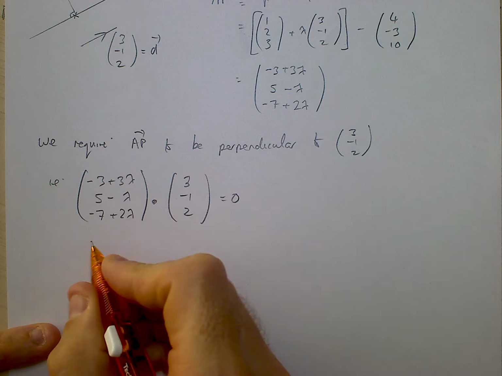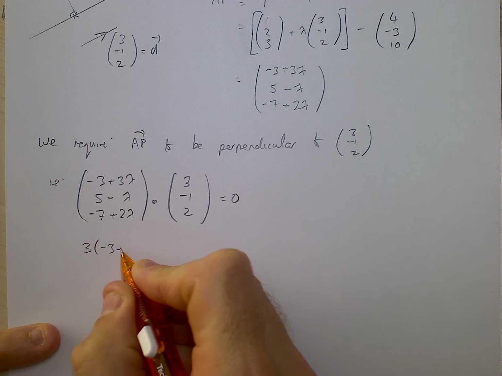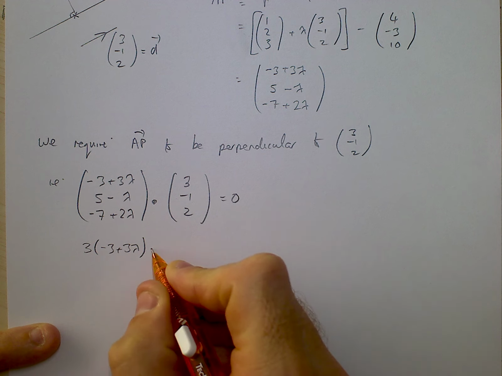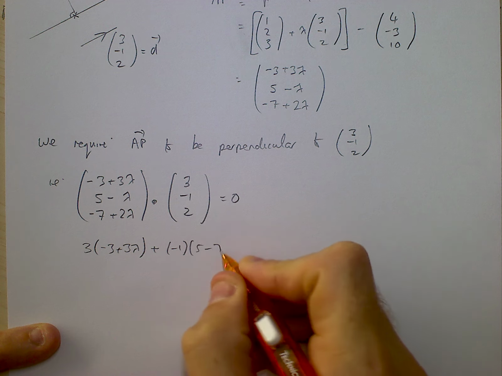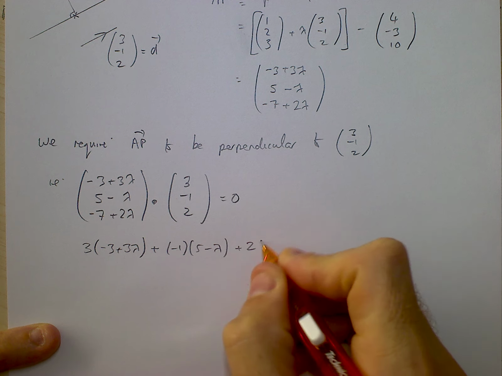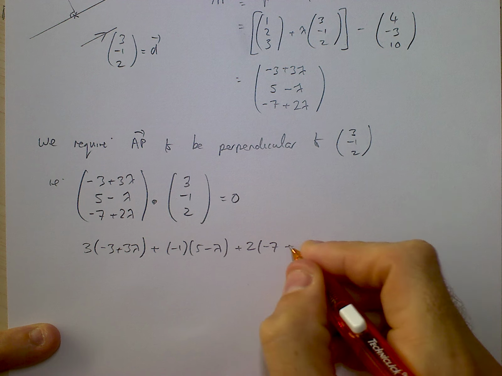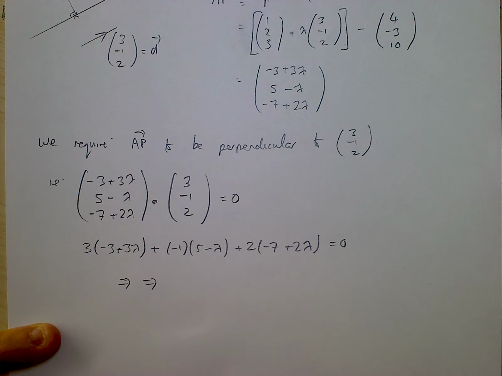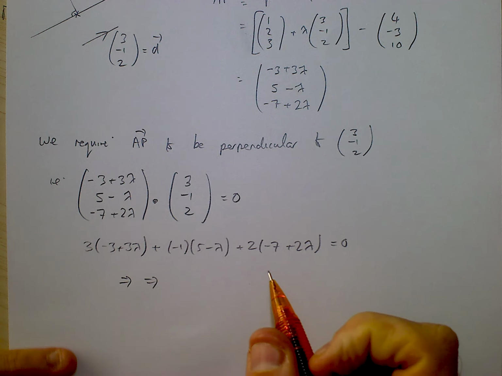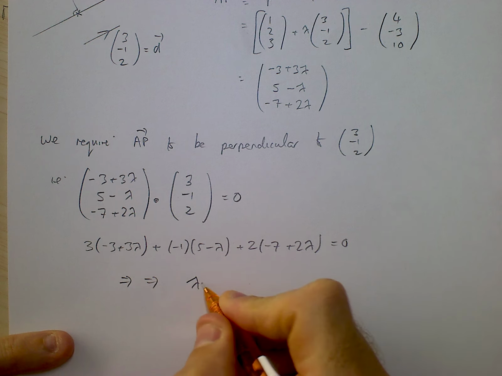So let's do this. I've got 3 lots of (-3 + 3 lambda) plus -1 times (5 - lambda) plus 2 lots of (-7 + 2 lambda) equal to 0. I'll leave you to work through the expansion and the solution of that. That leads me eventually to lambda equal to 2.